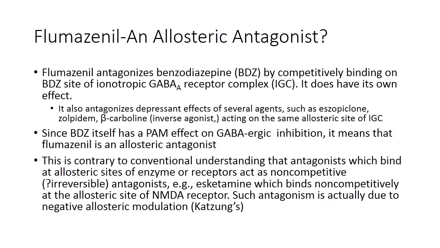Flumazenil is an example of such efficacies. Flumazenil antagonizes BDZ as a competitive antagonist because it binds on the BDZ site of the ionotropic GABA A receptor complex. We now know that the BDZ site is an allosteric site. What does it mean? That flumazenil is actually antagonizing an allosteric stimulant or agonist, that is BDZ.